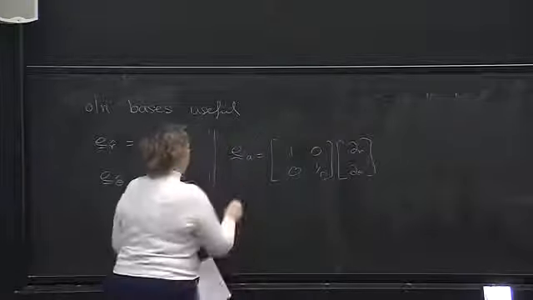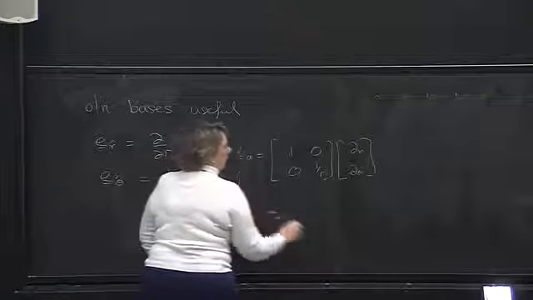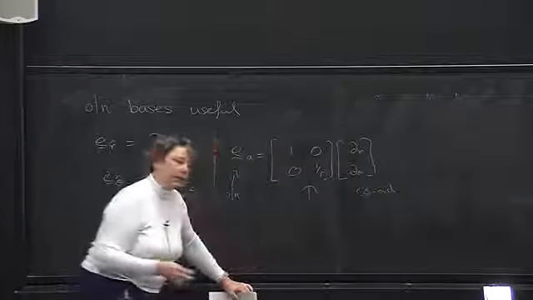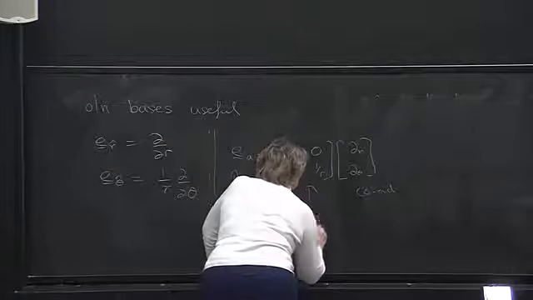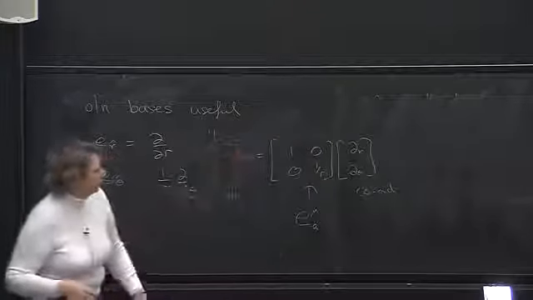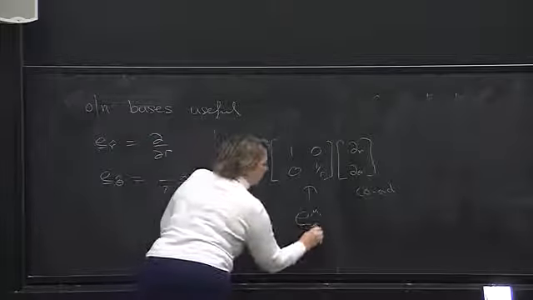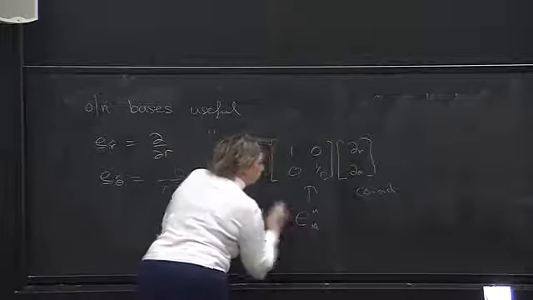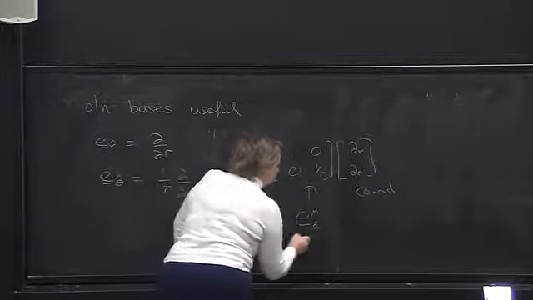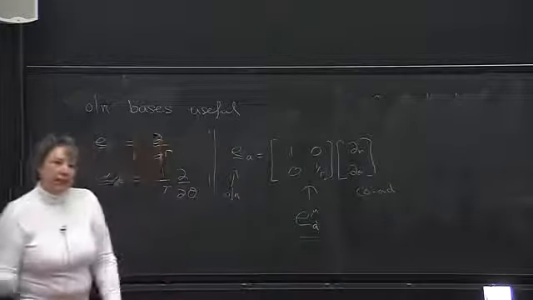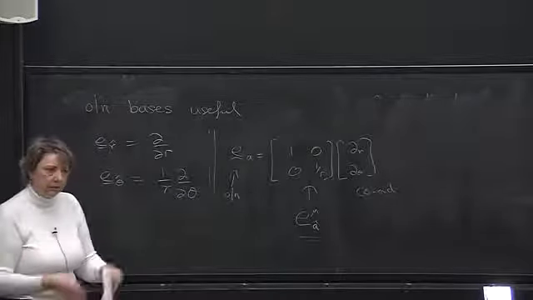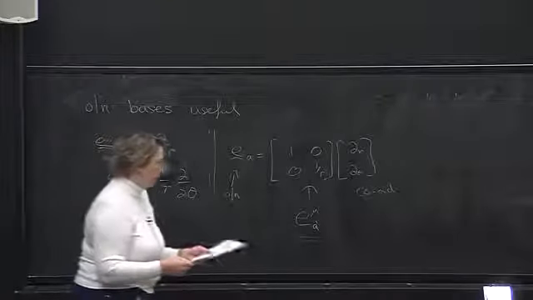Here we have our orthonormal basis, here we have our coordinate basis, and here we have what relates the two, which is a matrix of components. You'll be seeing this a lot in the next couple of days. This is giving us a translation between our coordinate basis and our orthonormal basis.